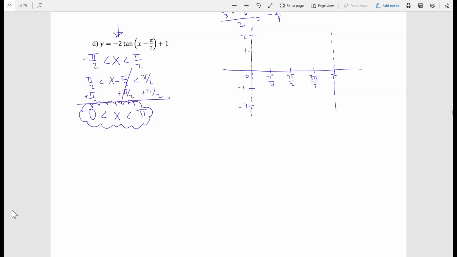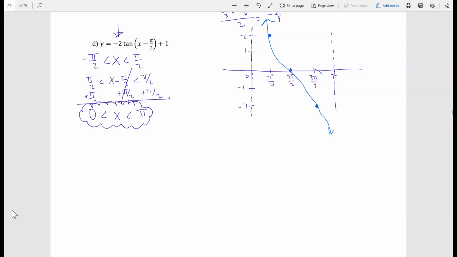It's not going to be negative 1 now; it's going to be at positive 2. So now it's being flipped. That pi over 2 is going to be 0, and that 3 pi over 4 is going to be negative 2. So you can see there's going to be a flip in the tangent curve.